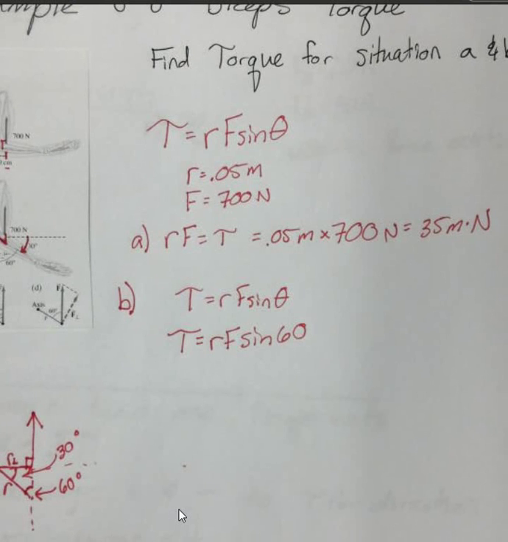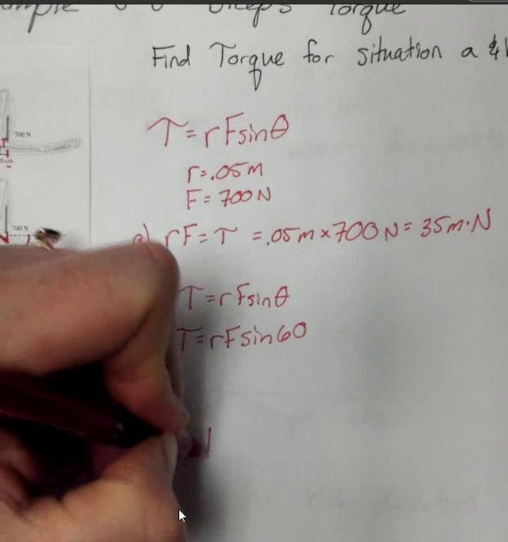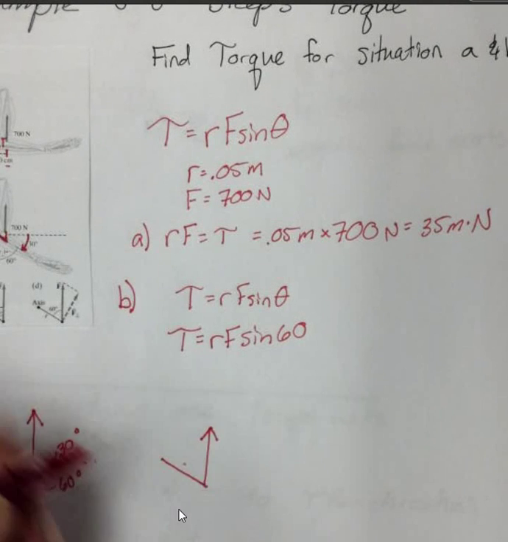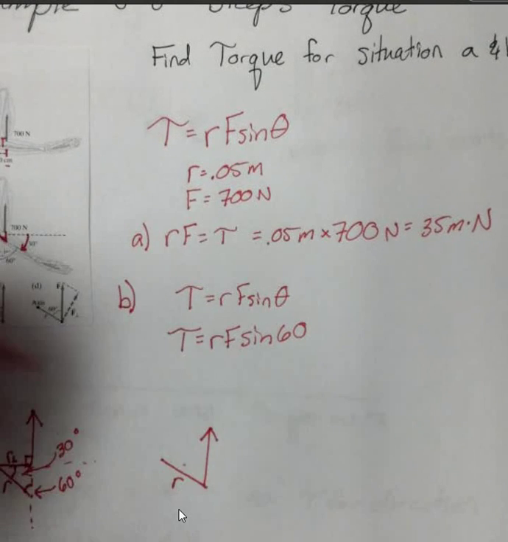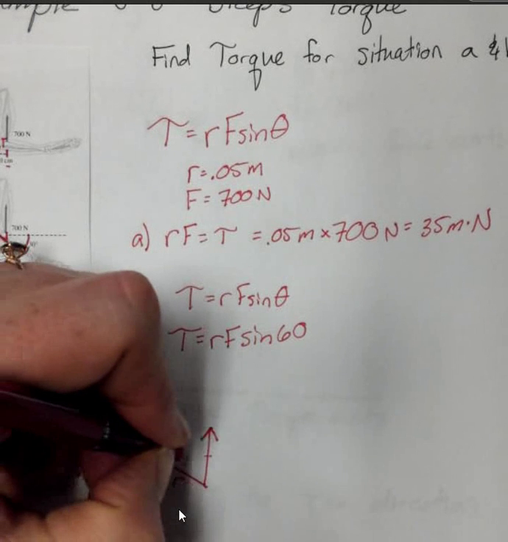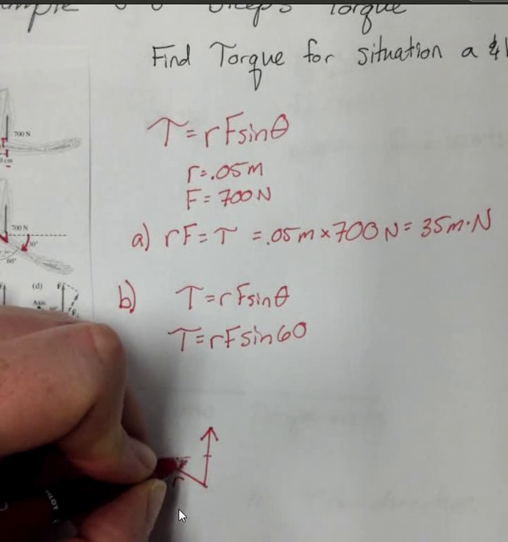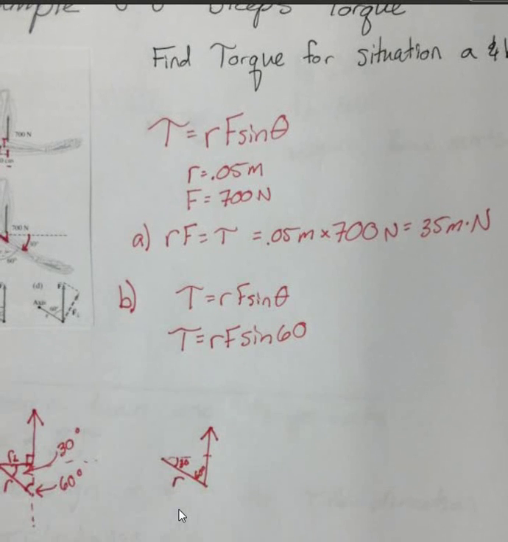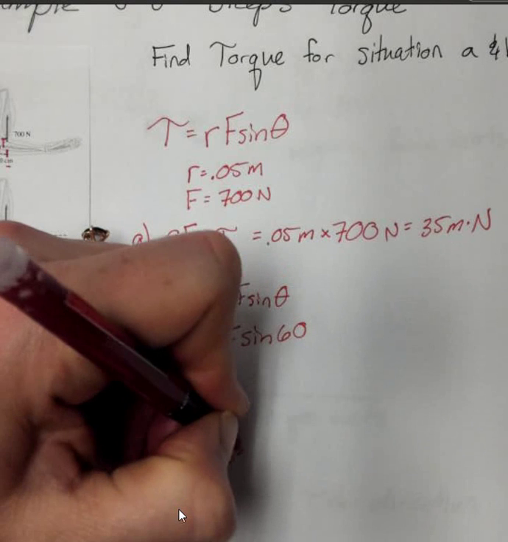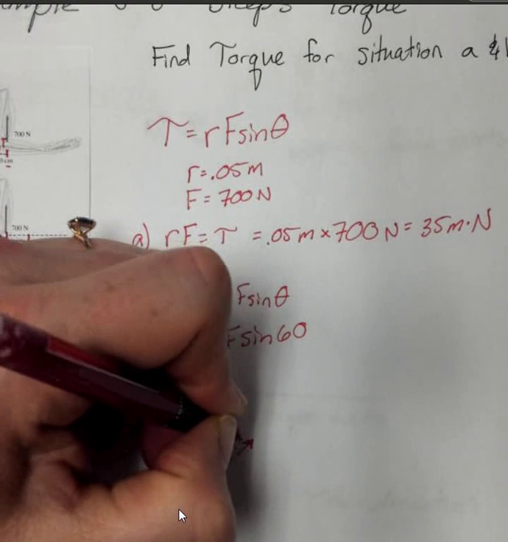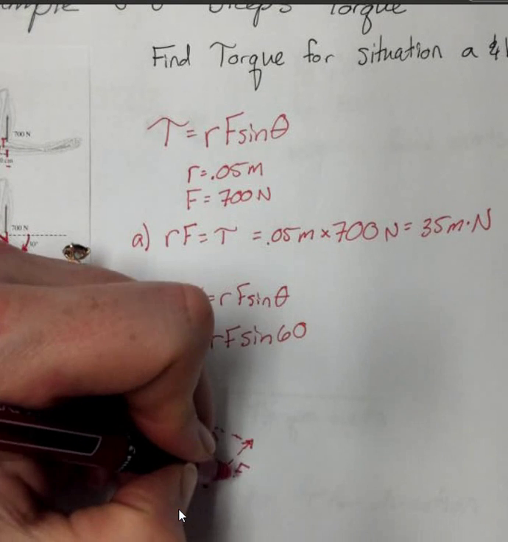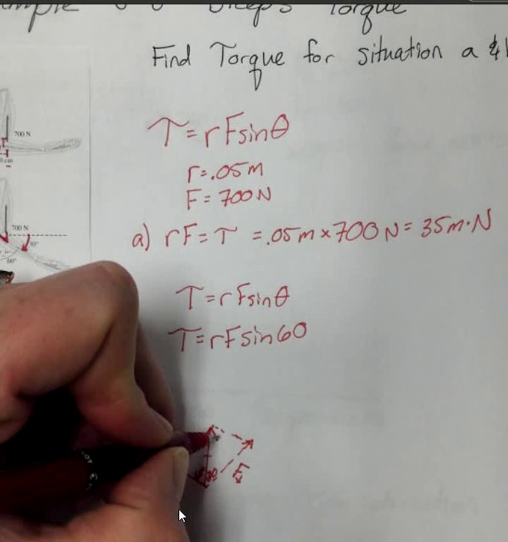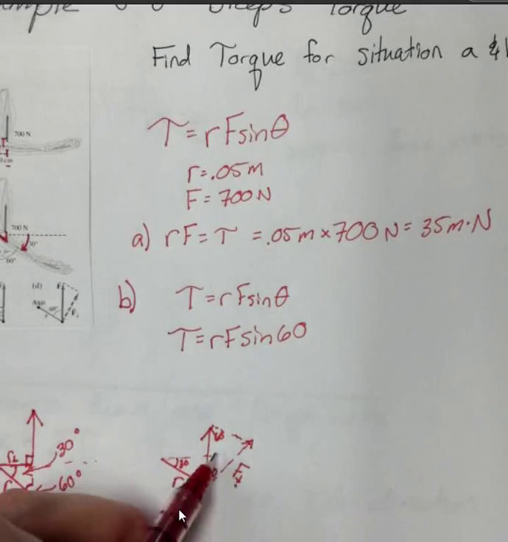But let's say we were just interested in the force. Remember, the force is up like this. It's attached to our lever arm R there, which was dropped 30 degrees from the horizon, which means that your angle of connection there is 60 degrees. That makes this our perpendicular force, and by similar triangles, 30, 60, that will be given by the sine of 60.